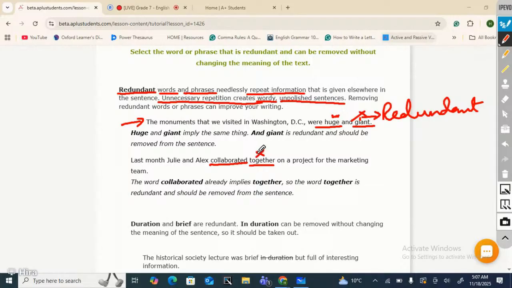So I hope you understand what redundant words and phrases are. They repeat information that is already given elsewhere in the sentence. So we must avoid unnecessary use of redundant words or phrases within a text.